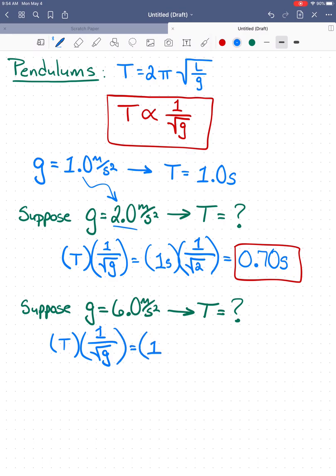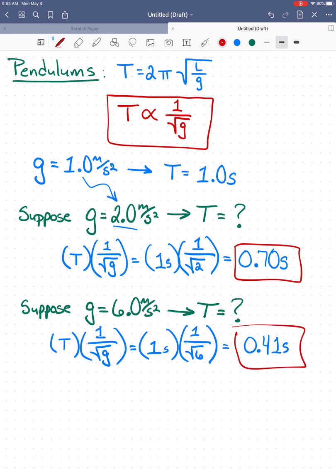So 1 second times 1 over the square root of 6. I'll plug that in my calculator, and I get 0.41 seconds. So there we go. And again, as our g gets bigger, our period should be getting smaller.